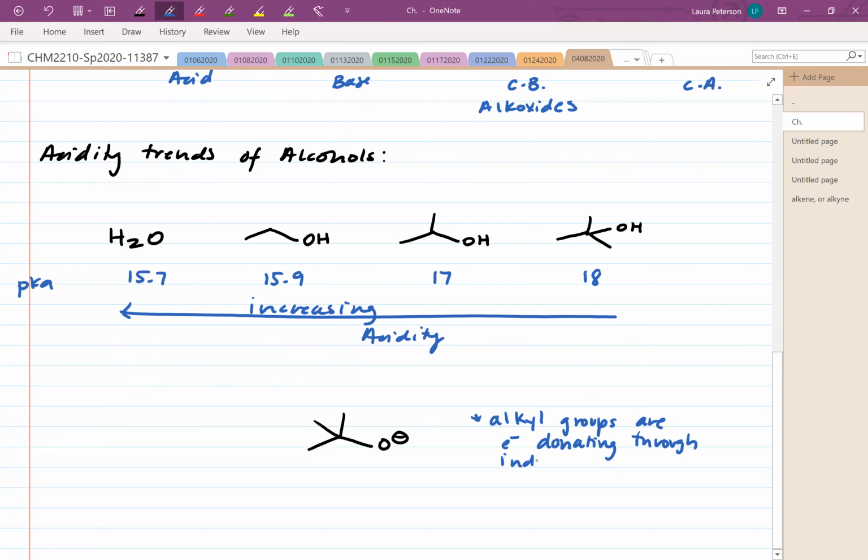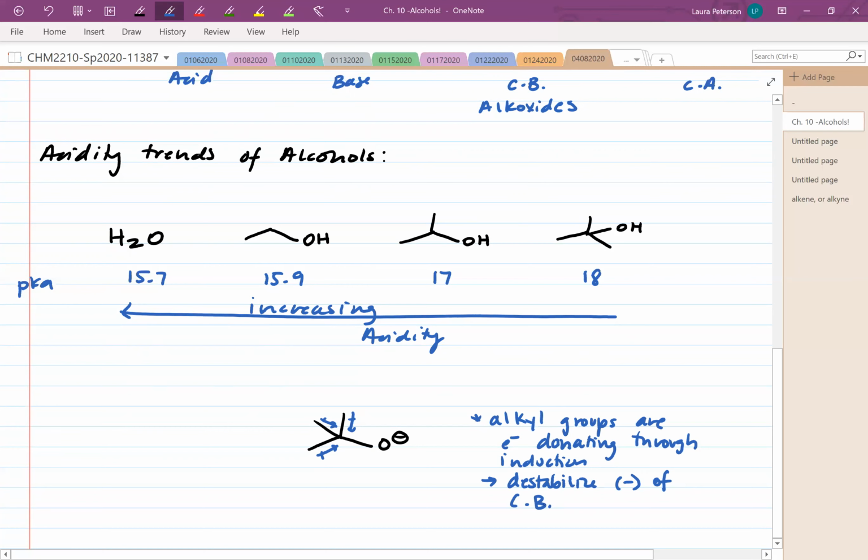If they are electron donating, what are they doing to the stability of that anion? They would destabilize the anion, so they destabilize the anion of the conjugate base. And that would account for the trend that we see in the acidity.